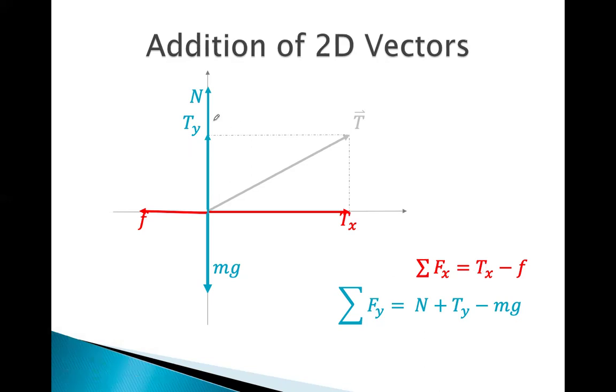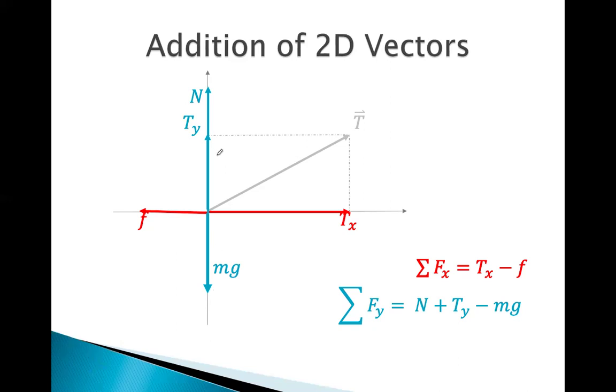Along the y direction, we have three different forces. Later on, we're going to introduce what these forces are so you're going to know them more specifically. Here, we just use this as an example to demonstrate what addition of two-dimensional vectors is. Along the y direction in blue color, N represents what is called the normal force, which we'll introduce later. T is what we use for tension force. mg means weight.